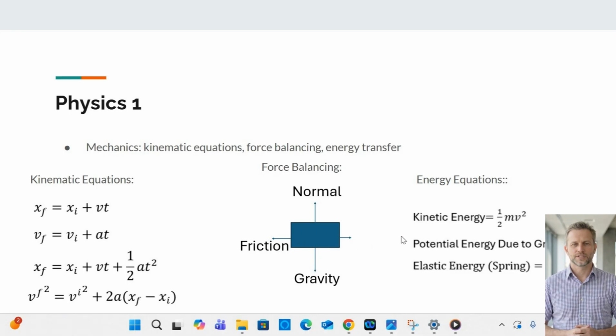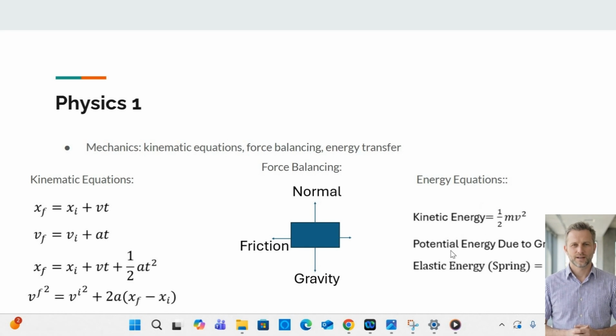Friction can act toward the side, for instance, if you push it towards the right, then friction's going to act towards the left. That's basically how force balancing works, and if it's not accelerating, that would mean that the forces are all balanced together. And then for energy equations, it's pretty much conservation of energy.